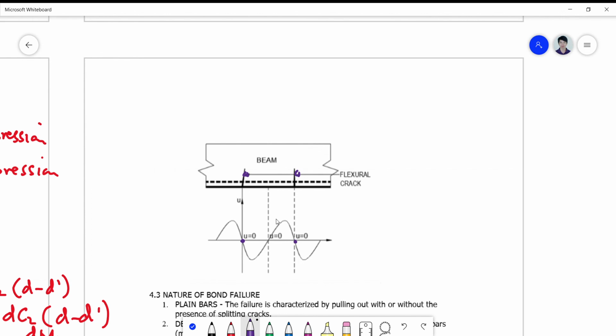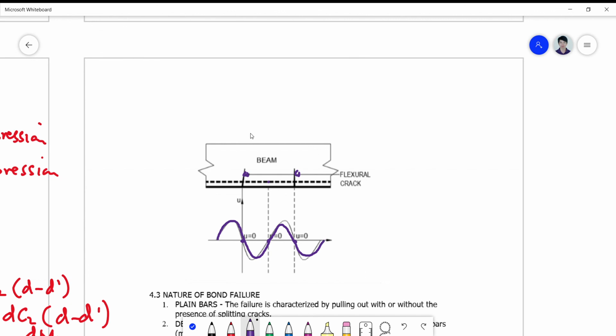And surprisingly, the midpoint, the point halfway between these two cracks, is again zero. This gives you an alternating sinusoidal effect on the bond stress. It's just like a sine wave, although it's not a sine graph; it's actually an irregular graph, but it looks like a sinusoid that creates a pattern on how the cracks will be.